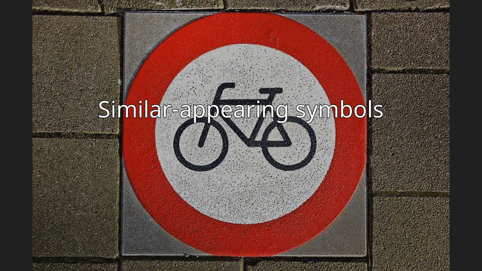U+2298 circled division slash, U+2205 empty set, U+2297 circled times, U+2296 circled minus, U+229D circled dash, U+03F4 Greek capital theta symbol, U+04E8 Cyrillic capital letter barred O. Regarding the last two, many fonts provide these glyphs as perfect circles, which if rotated 45 degrees essentially matches the look of the prohibited symbol.